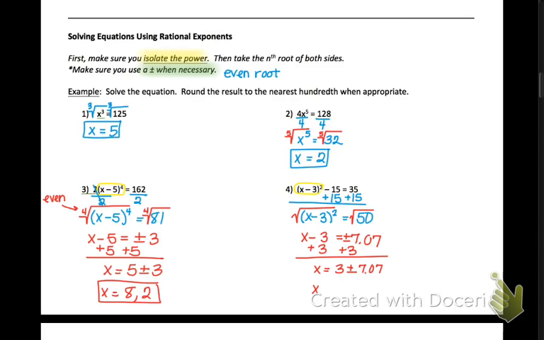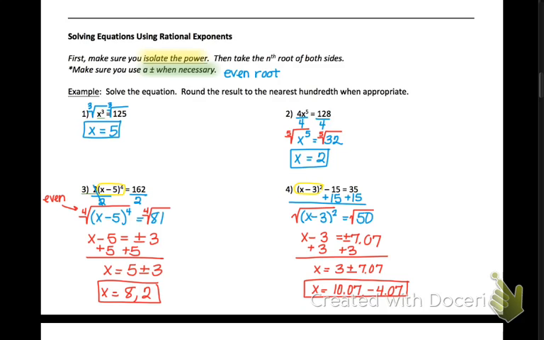So our two possibilities are going to be 10.07 and I think negative 4.07. Yep, negative 4.07. Those would be our two possible solutions to the nearest hundredth.